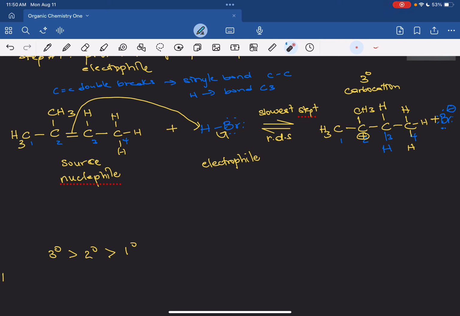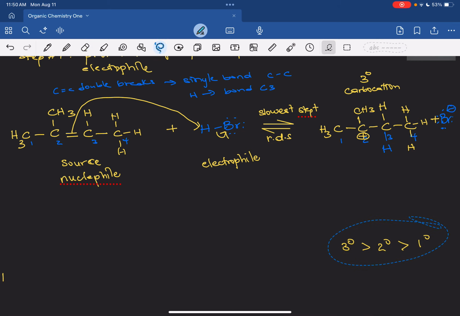Now, we follow Markovnikov's rule, so we add the hydrogen to carbon 3 and we generate a carbocation. Now, this carbocation is tertiary. What if we disobey Markovnikov? Let's disobey Mark and see what happens to us.